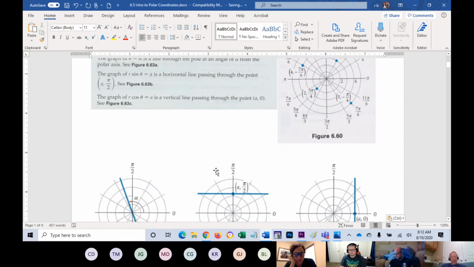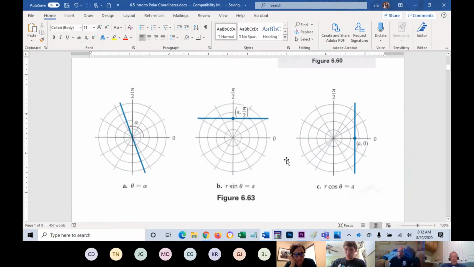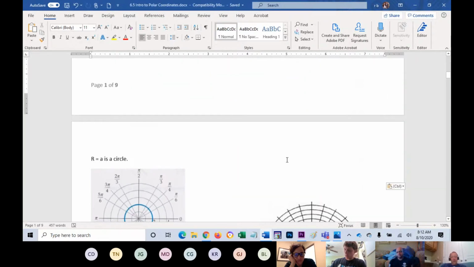Or you could do a straight line as r sine theta equals a, and that will be this. And then you can do r cosine theta equals a. That would also be a straight line with polar coordinates. So that works out pretty well there.